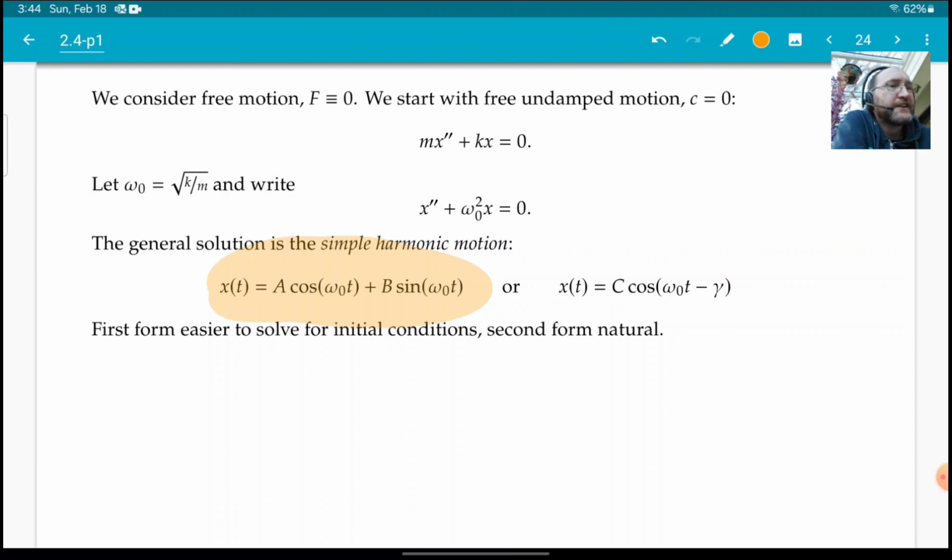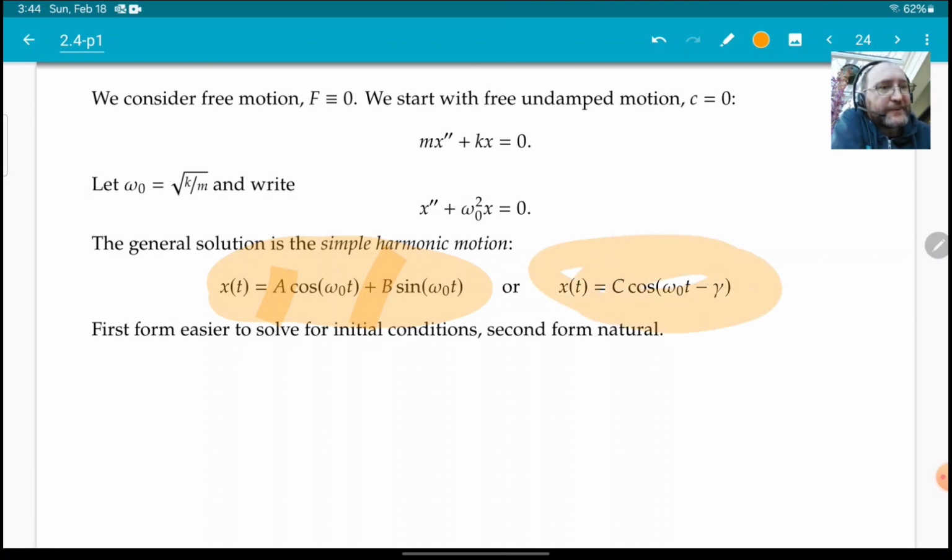If you plug in t equals 0 over here, you just get cosine of 0, which is 1, and sine of 0, which is 0. So you just get a, and it's a similar thing for the prime. So you can just read off the a and the b in terms of the initial conditions. That's the usefulness of this form.